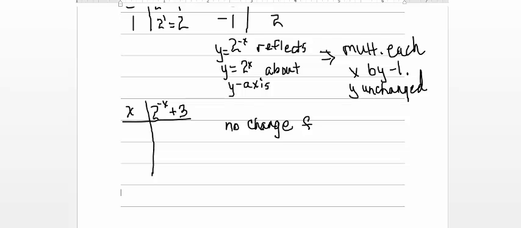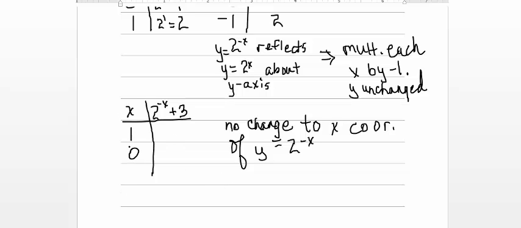So there's no change to the x coordinates of y equals 2 to the negative x. Remember, I've already incorporated the reflection. So I copy those x's, 1, 0, negative 1. I make no change to those.